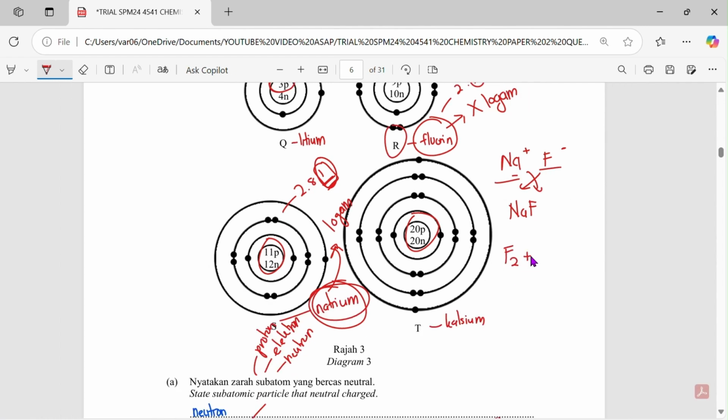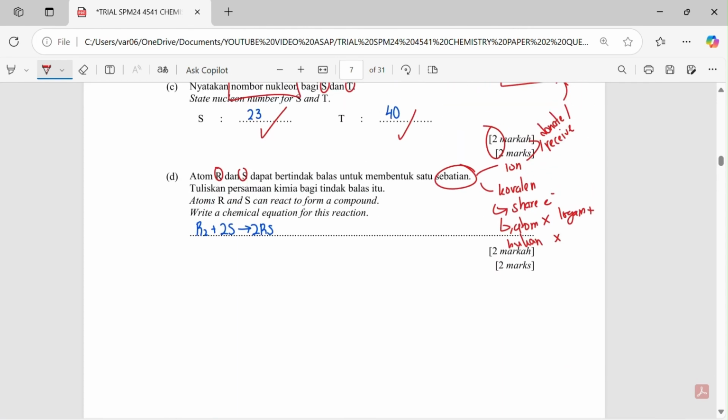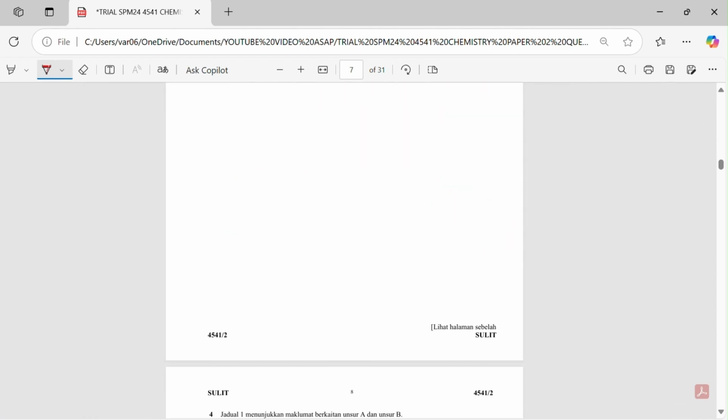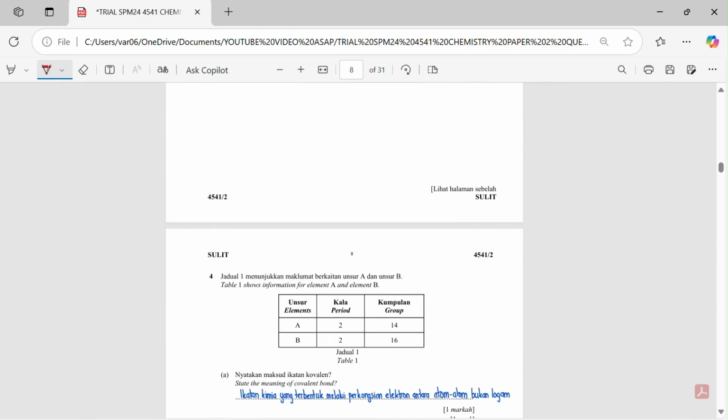So R2 plus S gives the product. So why is it squared? Because fluorine exists as dwiatom. Fluorine is under kumpulan 17. All unsur in kumpulan 17 exist as dwiatom, right? And then you balance it out. Okay, that's it. There we go. Okay, next, question 4.